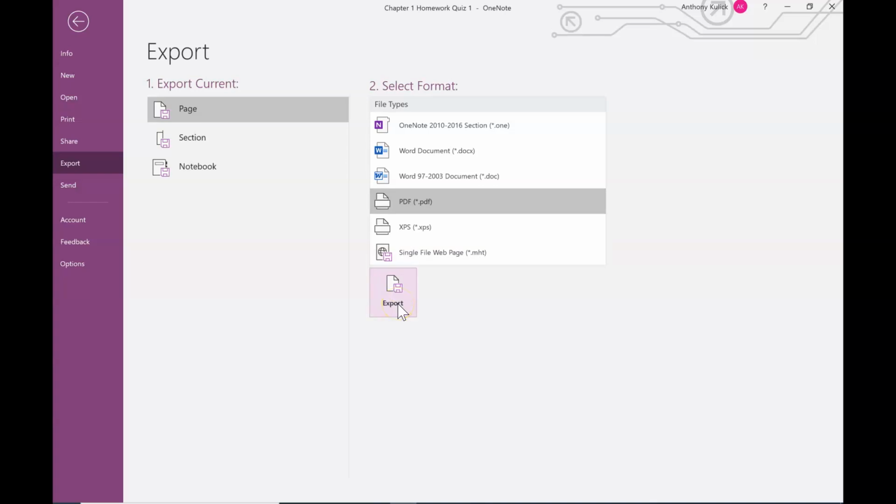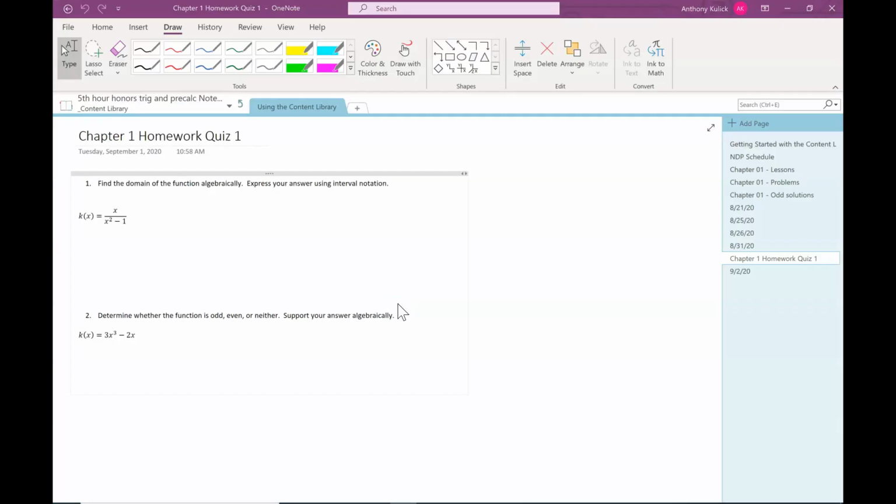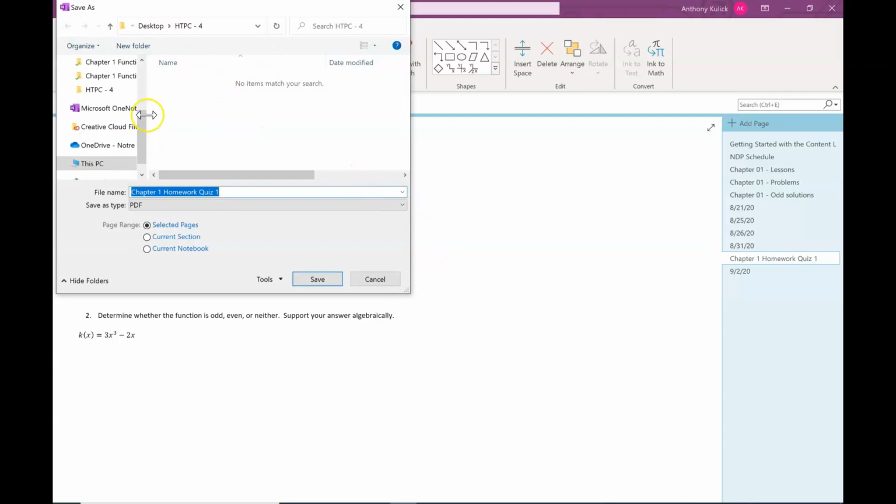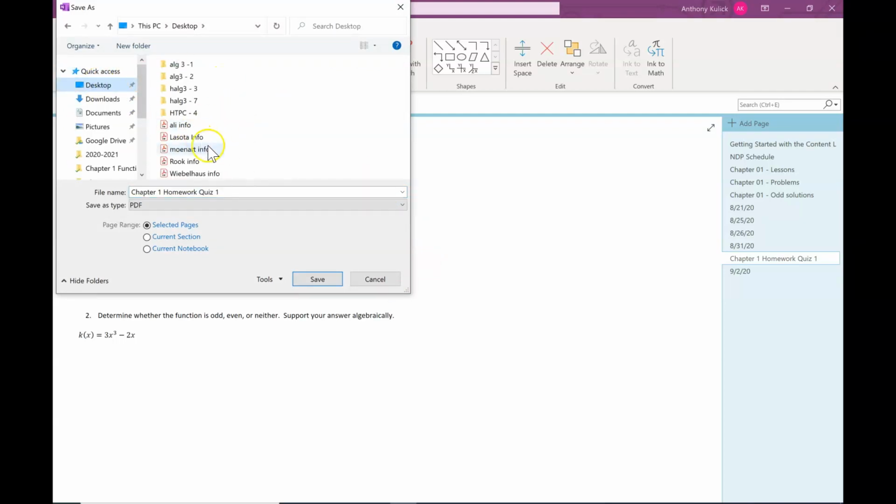And then you just hit the export button. That'll prompt you to save it to a location. I would just put it on the desktop so it's easy to find later when you need to delete it or whatnot. Once you do that, you'll just put it in the PowerSchool Dropbox that I made for this assignment. And that's all there is to it. Everybody okay there?